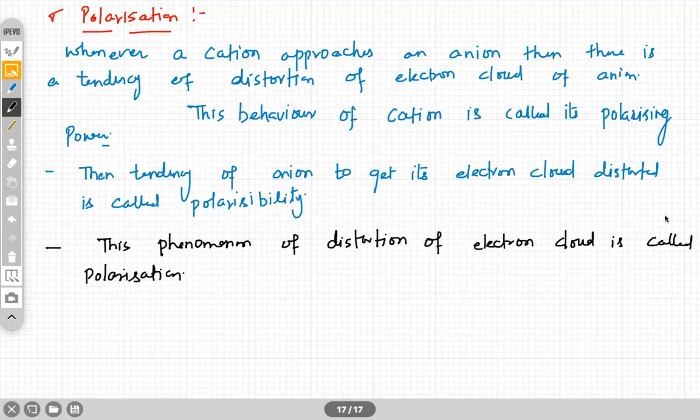Electron cloud is the outermost electron cloud for any ion. Done.